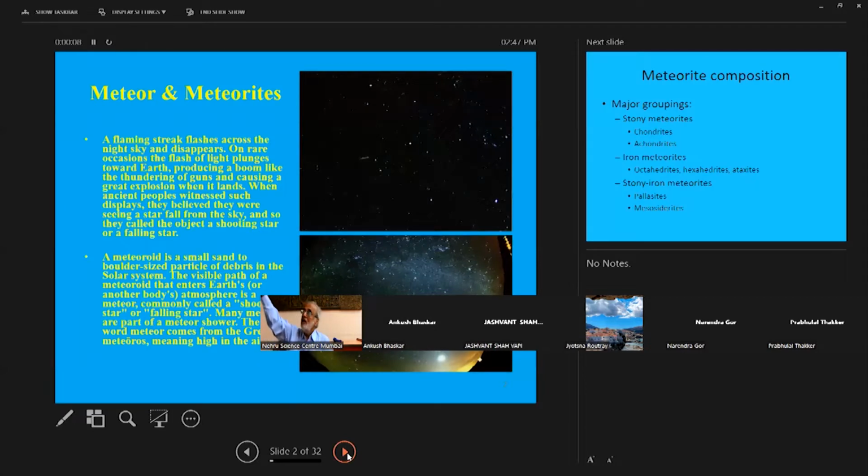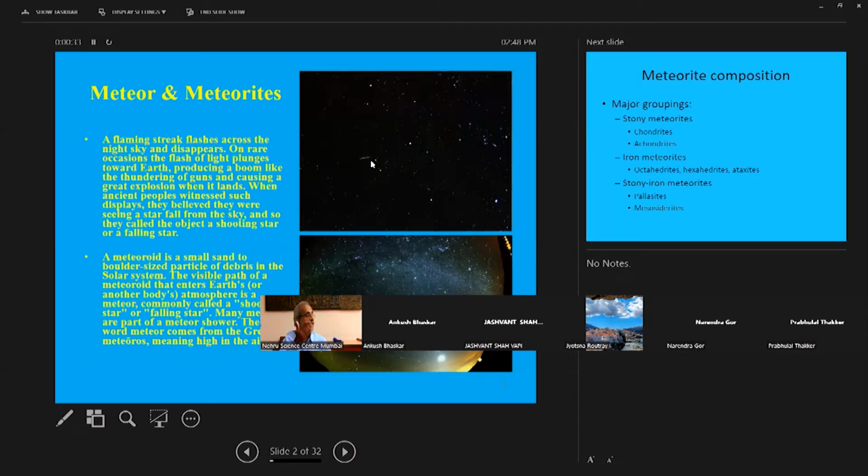Now here, what you see in this image is a very faint meteor, very faint. Over here you see that very faint meteor which is there. So this is what you see in the sky.